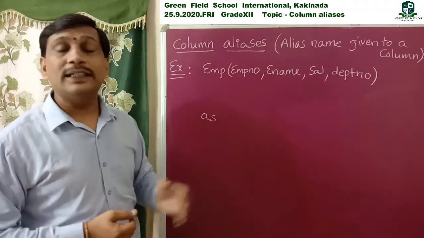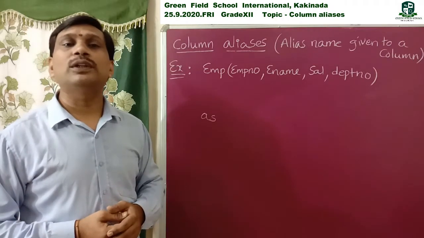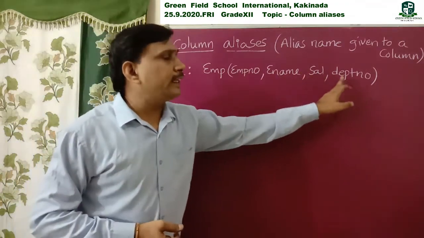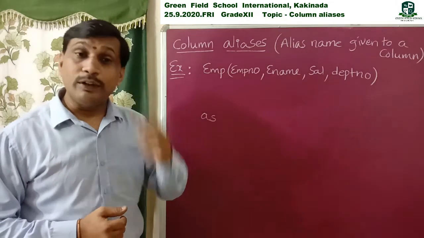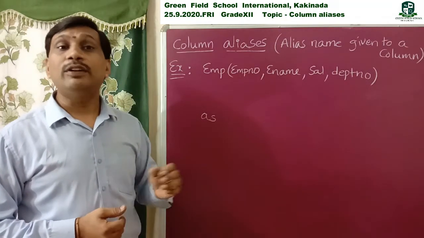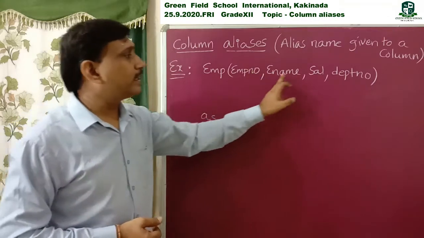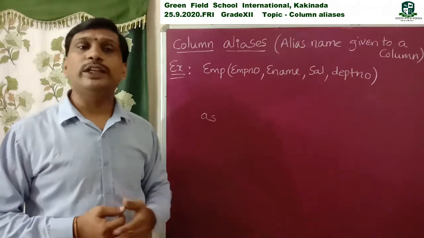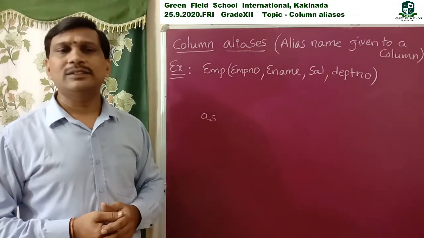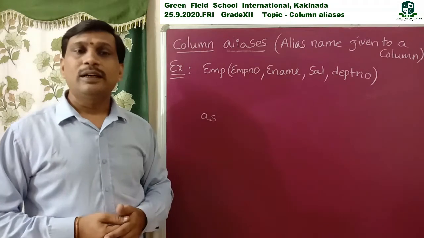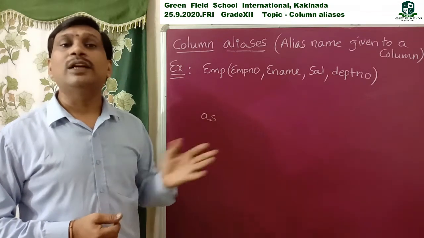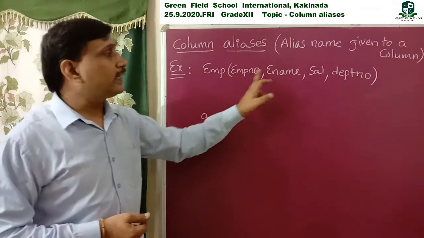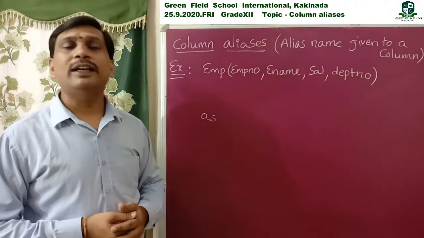The column alias is not reflected in the original table, which has EMP number, ename, sal, DEPT number. When you are creating a table structure, we define these column names. If we want to change the column names in that data structure permanently, not temporarily, then we go for the alter command. By using the alter command, we change the column names in the given data structure.